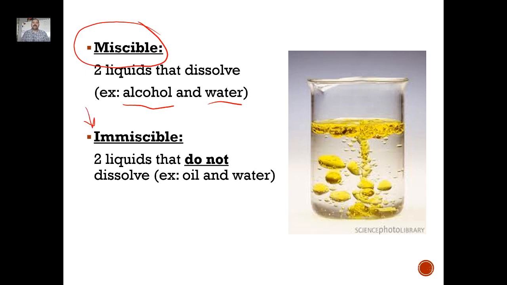Immiscible is going to be 2 things that will not dissolve into each other. The best example of that is going to be oil and water. Oil and water will not dissolve into each other. They're just going to form 2 distinct layers. We're not going to talk about specifically why they do that. You just need to know that 2 liquids that cannot dissolve into each other are called immiscible, whereas 2 liquids that do dissolve into each other are miscible.